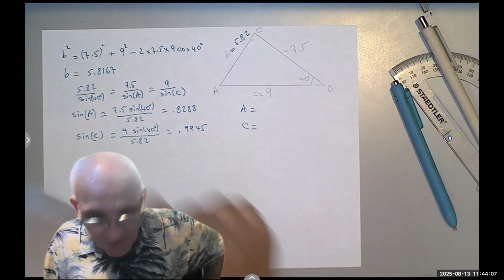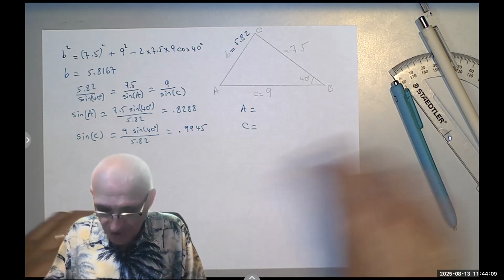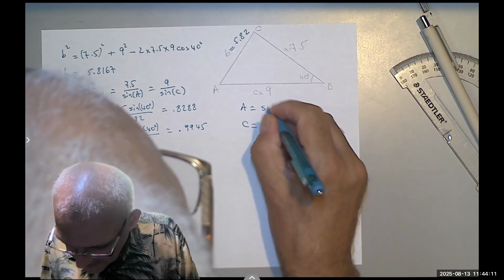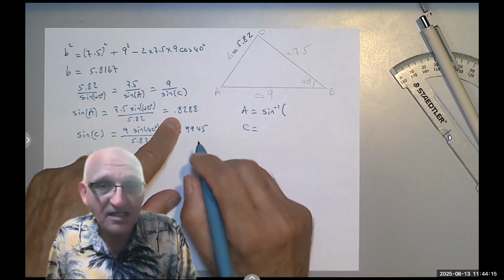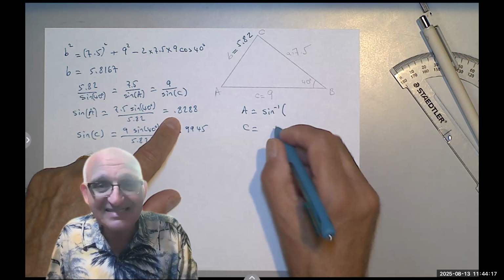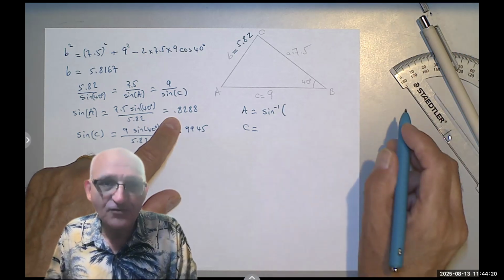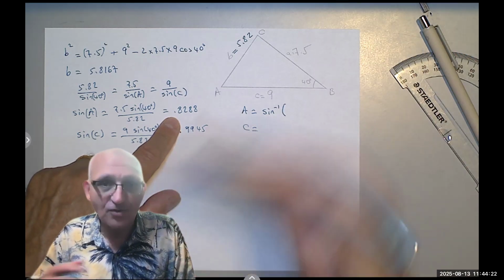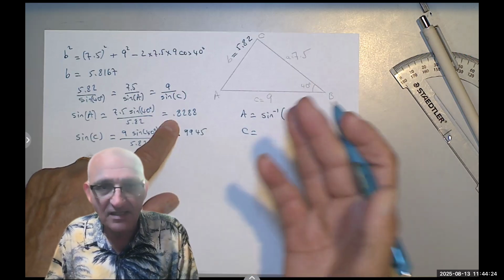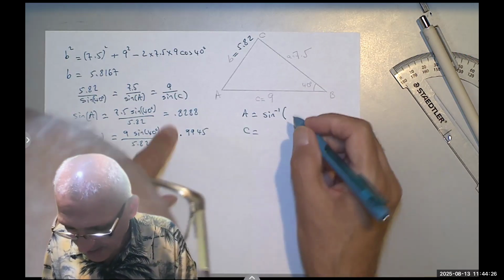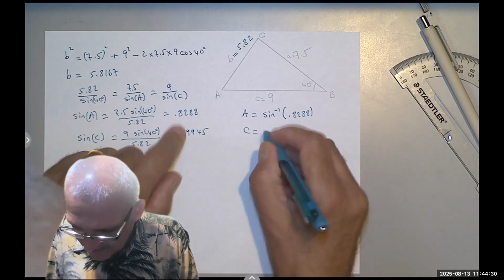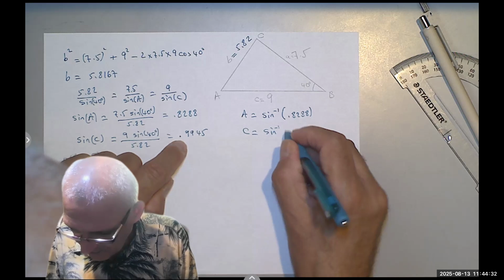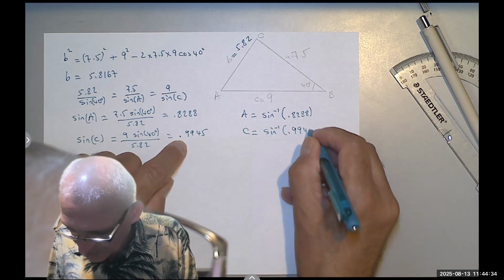Here, you get the inverse function. So you say it's the inverse sine. We call it arc sine, and we write it as ASIN for arc sine or inverse sine. Okay, we prefer to use arc sine. So arc sine of 0.8288, and this is arc sine of 0.9945.